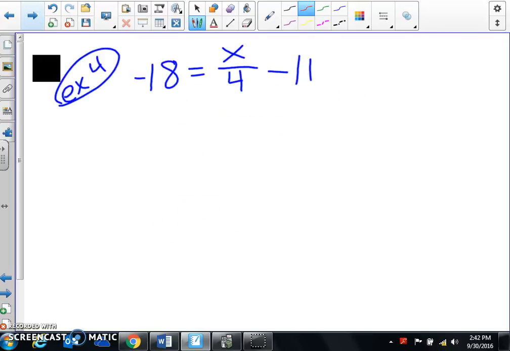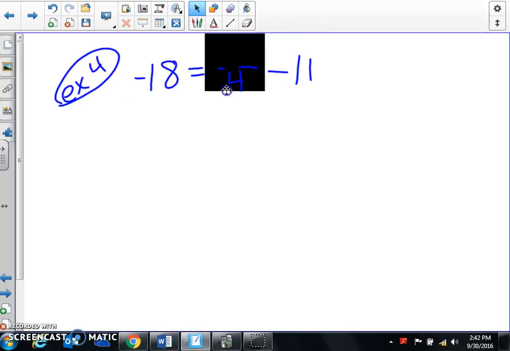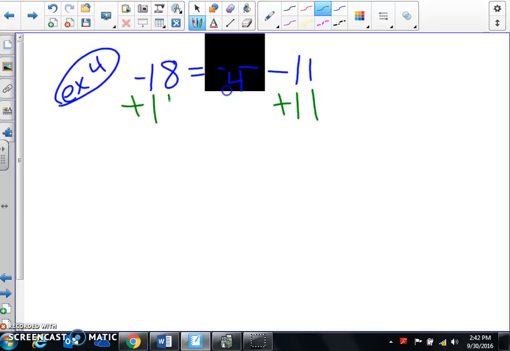Okay, here's our variable. It's on the right. It is what it is. And this time, if I cover up using my hand, that's what should cover up. So I'm left with a minus 11 on the other side. So I'm going to start by adding 11. Those cancel. Negative 18 plus 11 is a negative 7.